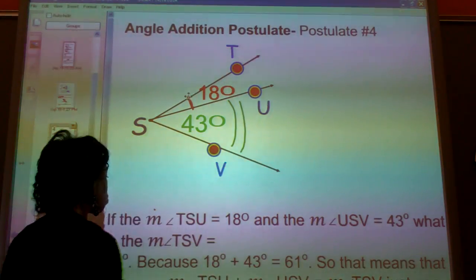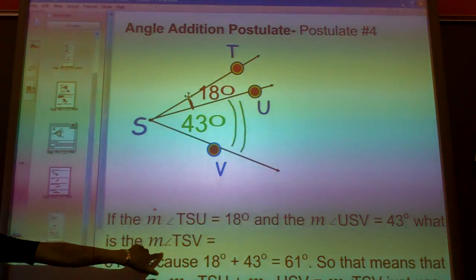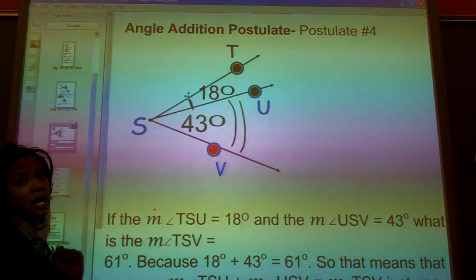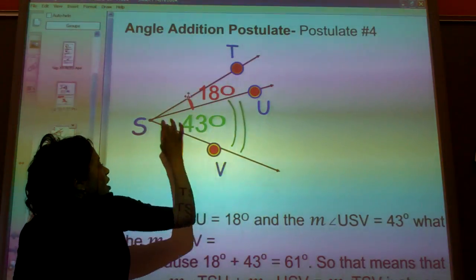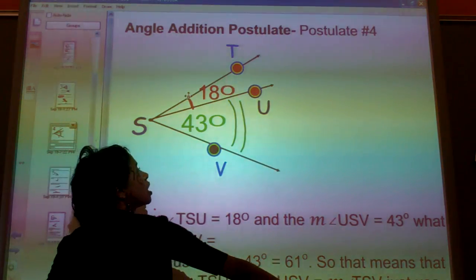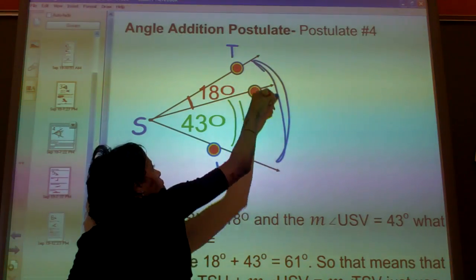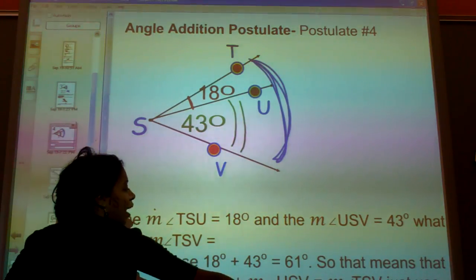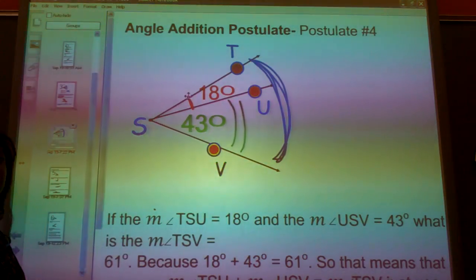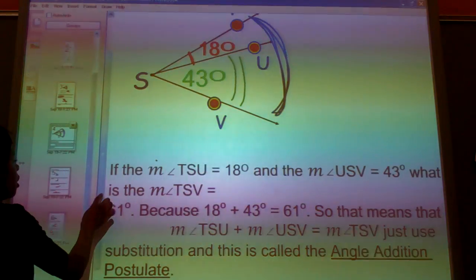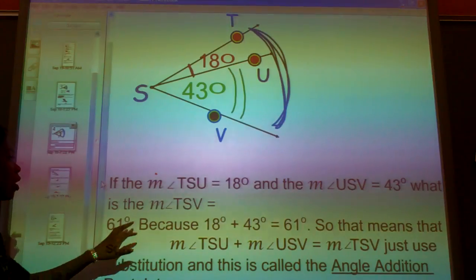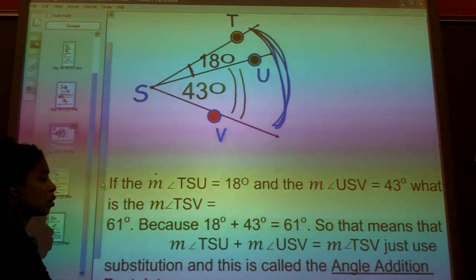The question is, what is the measure of angle TSV? And I like to trace because sometimes it can get confusing. So angle TSV, that means we want the whole entire angle here. What's the measure of that angle? Well, we can use the angle addition postulate by simply adding the angles.